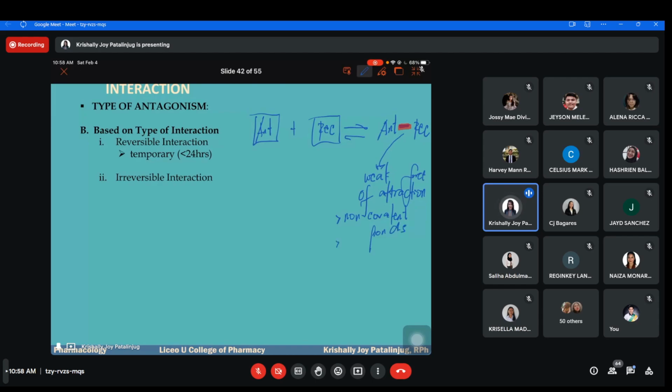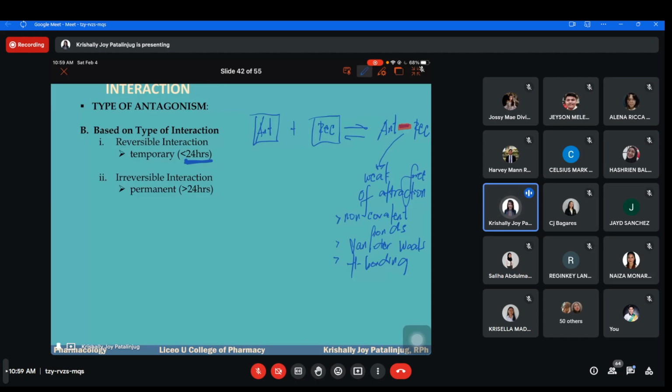Or included din dito yung mga weak forces of attraction, yung van der Waals, and also yung hydrogen bonding. These are weak type of interaction between a ligand toward a receptor. So kapag, of course, weak yung force of attraction that connects the two entity, then pwede talagang madali siyang ma-break, then temporary lang yung interaction, reversible yung interaction. Kaya yung duration of interaction would be lesser. Kaya less than 24 hours, for instance.